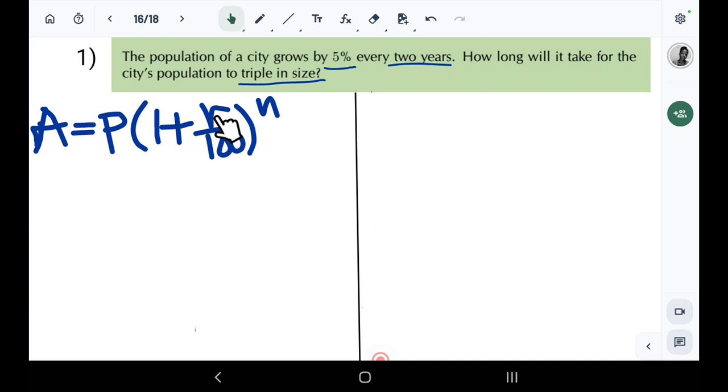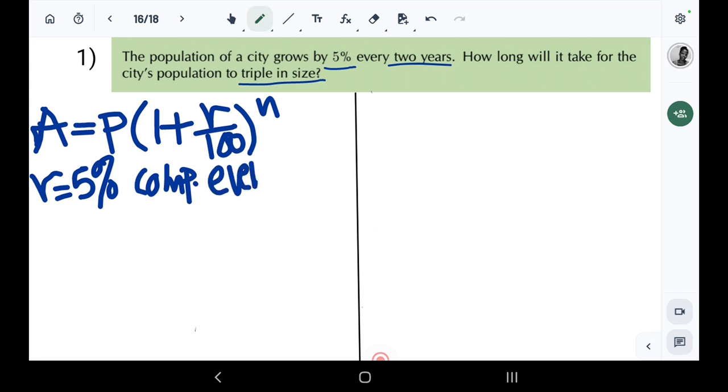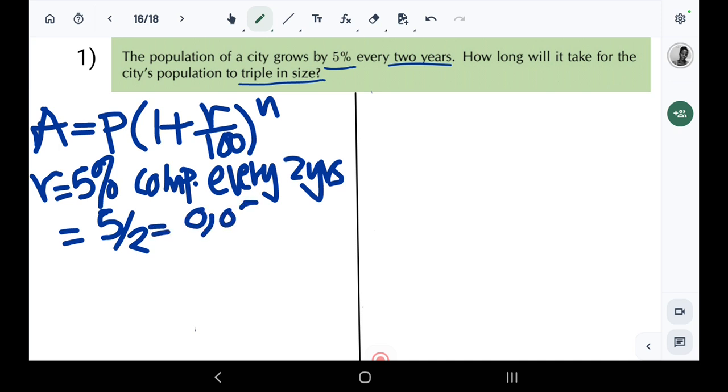Our R is 5%, but it's compounded every 2 years. Meaning that R equals 5% divided by 2, which is 0.05 over 2. That is R.